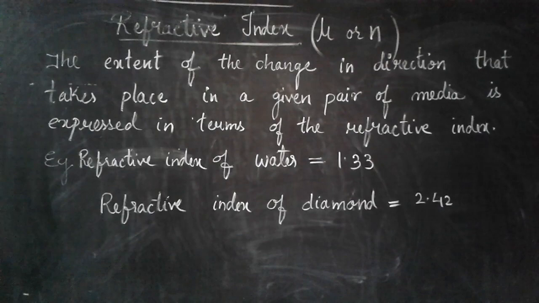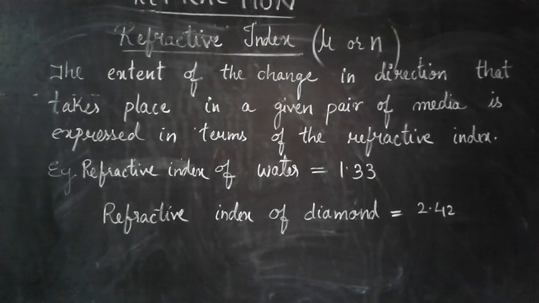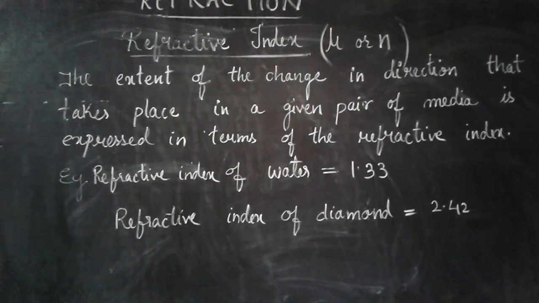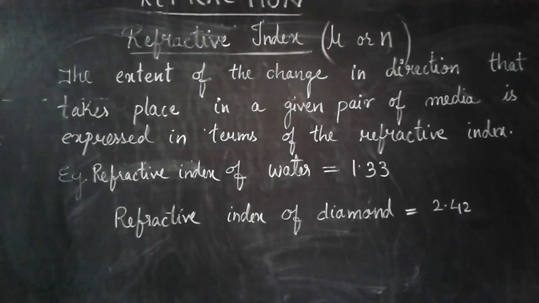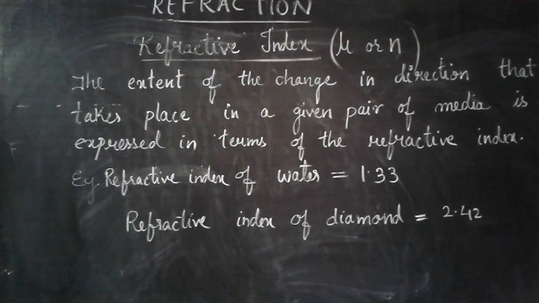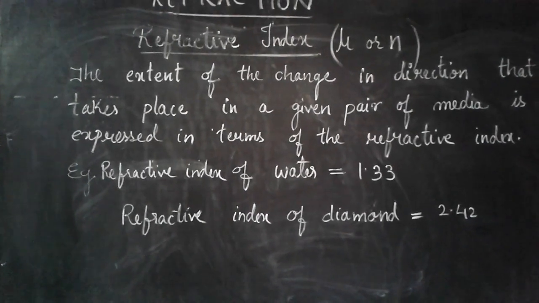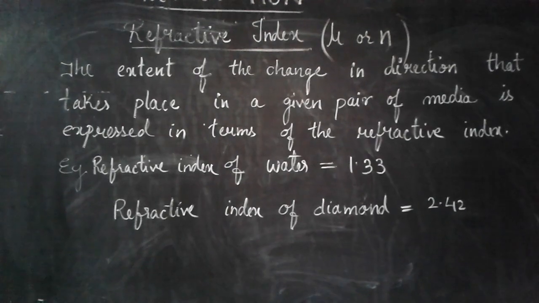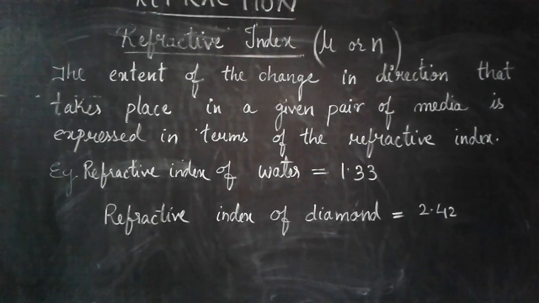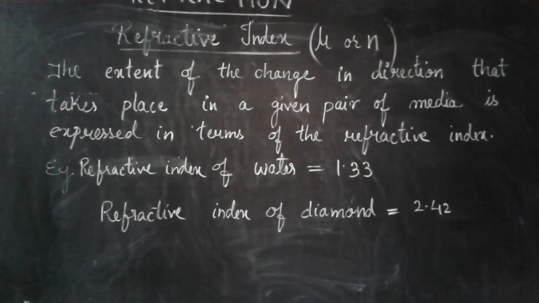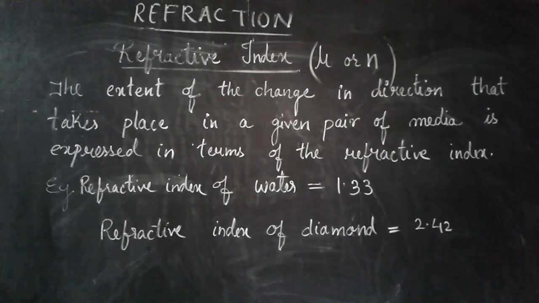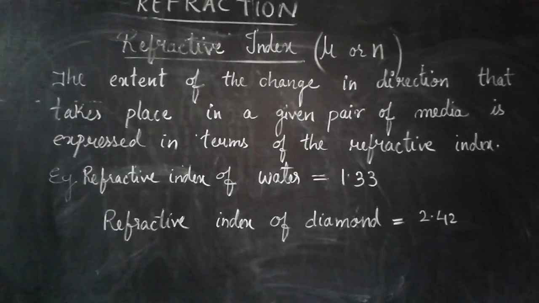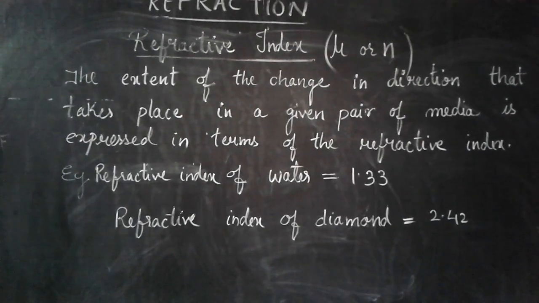Then the speed of light will decrease 1.33 times, or the extent of bending toward the normal will be 1.33. Similarly, refractive index of diamond is 2.42, which means that when light enters diamond from vacuum or air, the speed of light inside the diamond will be decreased by 2.42 times.